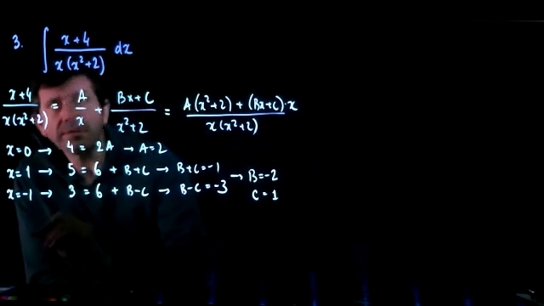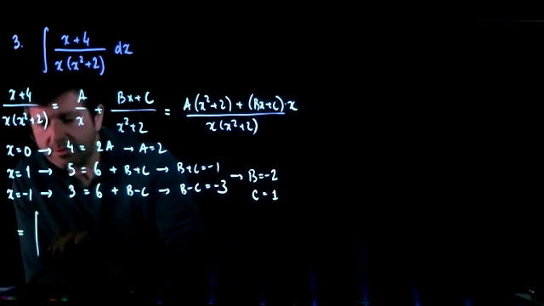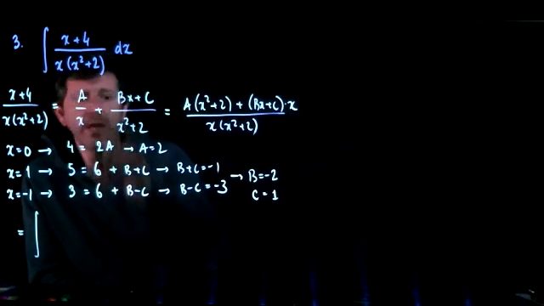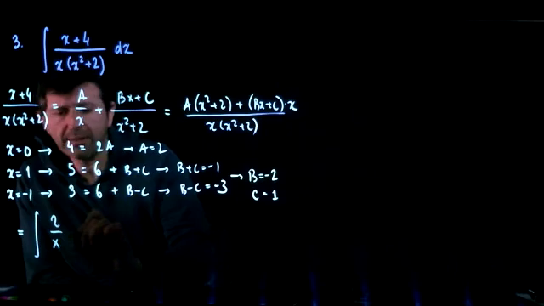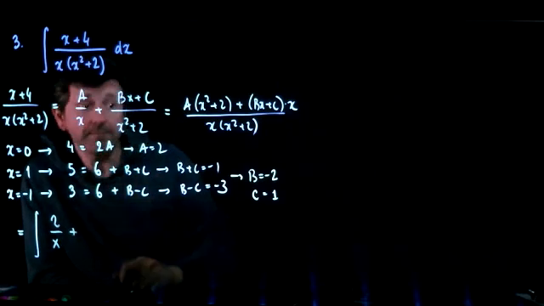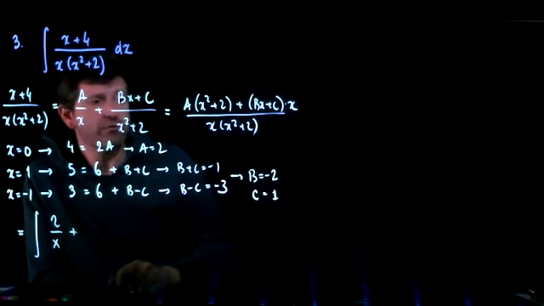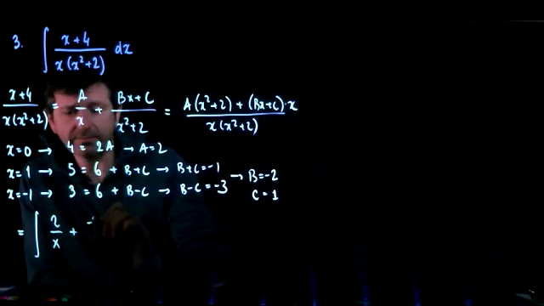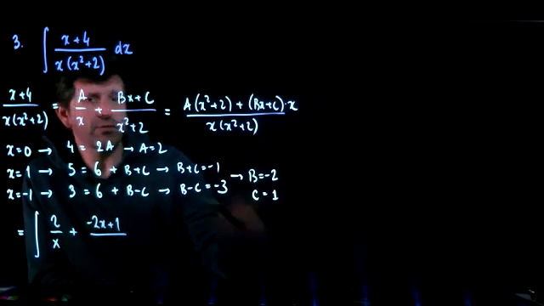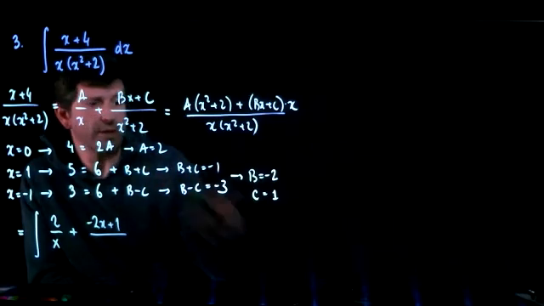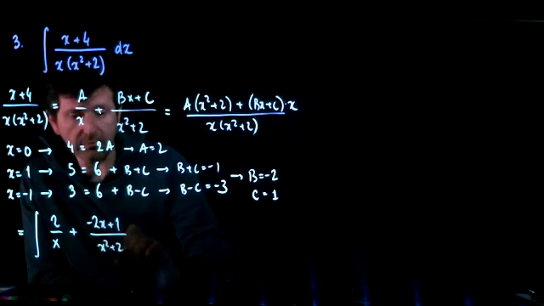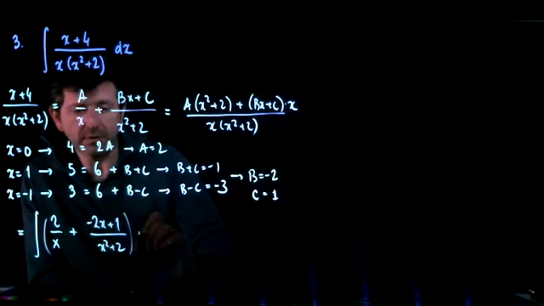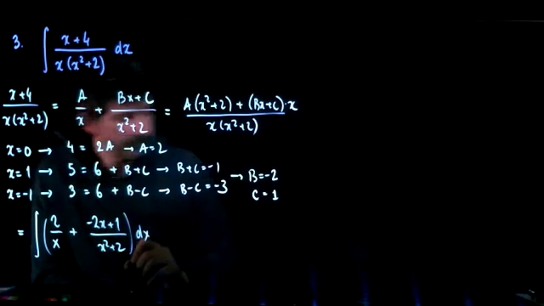And so this integral becomes a, which is 2, over x, plus (-2x plus 1) over (x² plus 2), and all this dx.